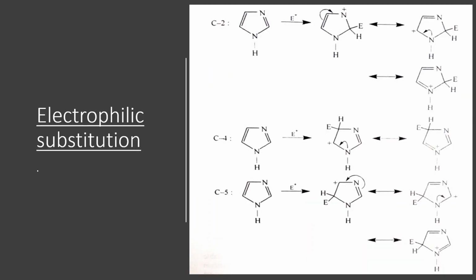If you see at the 2 position, your nitrogen gets the positive charge in both the cases, whereas in 4 and 5, only one of the nitrogens gets positively charged, as we explained in the pyrazole. That will destabilize your resonance structure. That's why electrophilic substitution is more favored at the 4th and the 5th position.